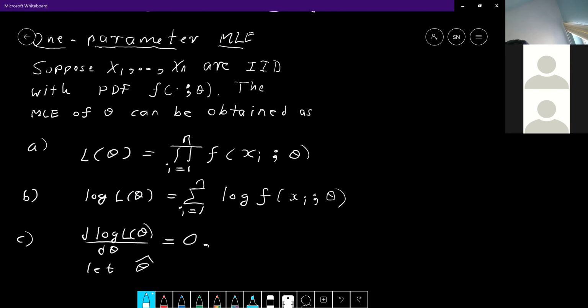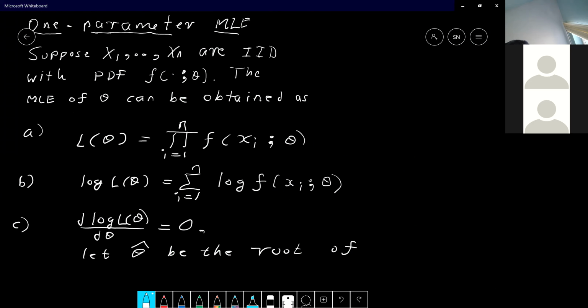and let theta hat be the root of this equation.